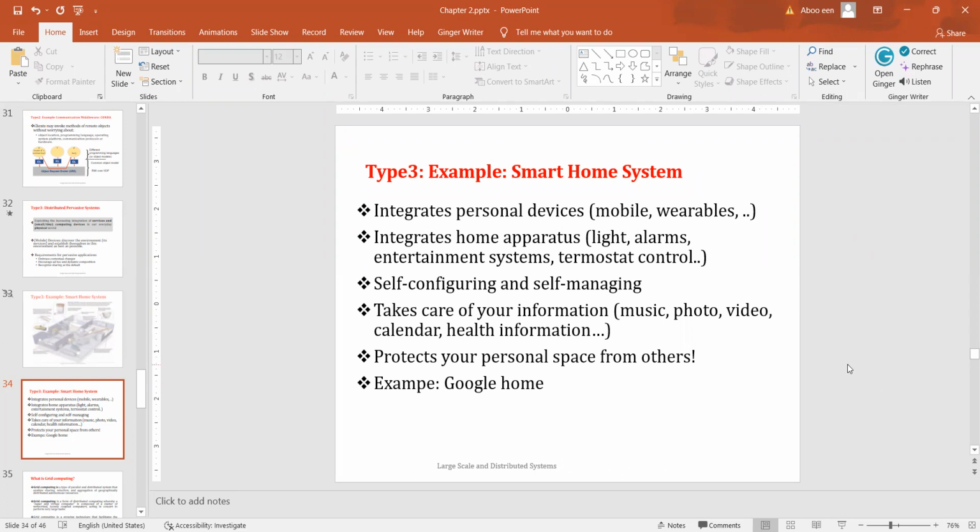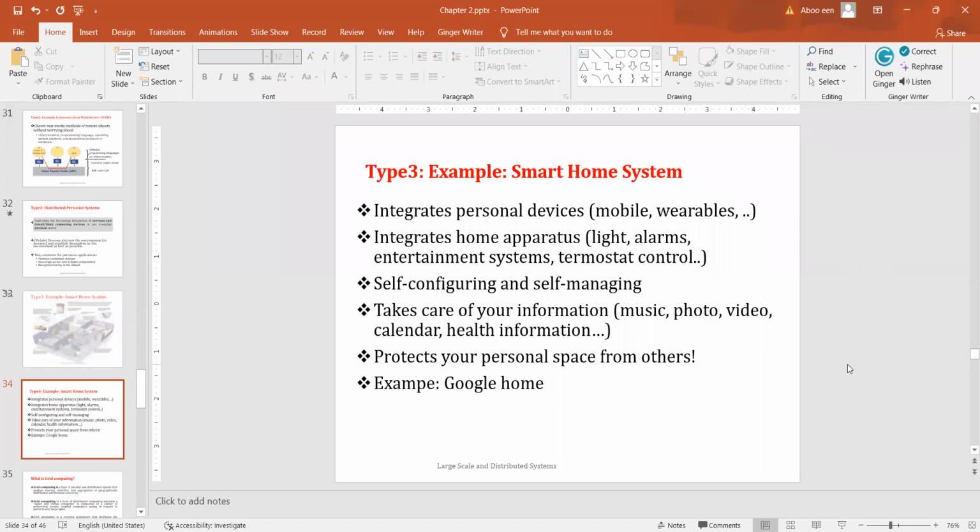Integrate home apparatus like lights, alarms, entertainment systems, and thermostat control that senses the temperature inside the home. There are devices to control that, and devices to detect or sense the temperature. So based on the temperature, it can regulate some other connected devices also.